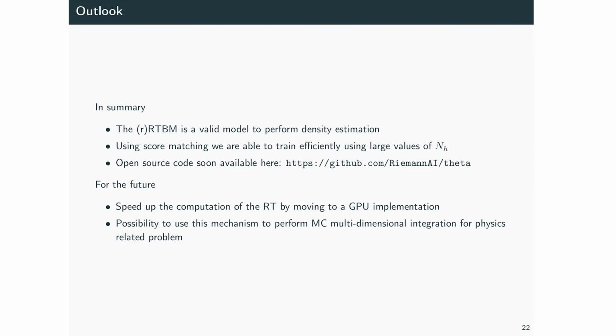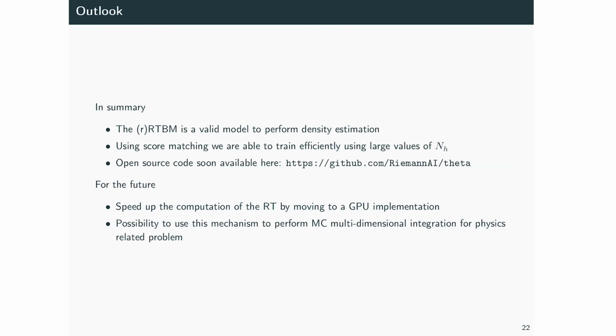And our plans for the future in order to progress with this particular model are to find a way to speed up even more the computation of the Riemann theta function, for example, by going through GPUs and also FPGAs.